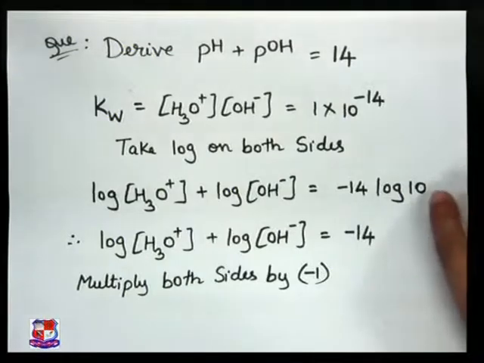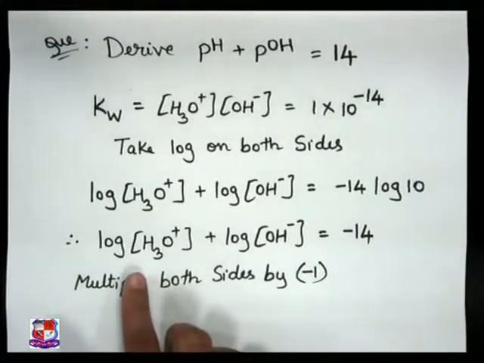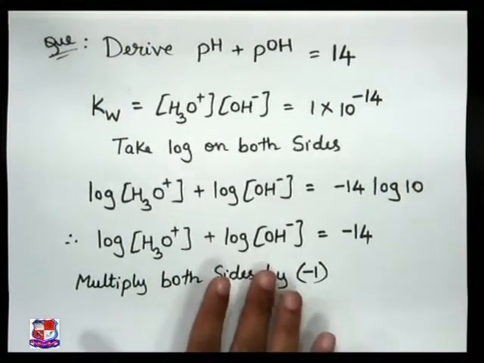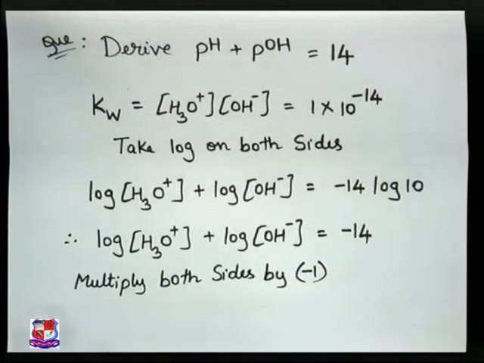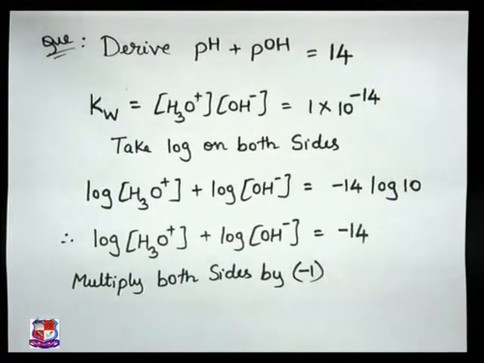Now you know log 10 is basically 1. So I can write log of H3O plus plus log of OH minus is equal to minus 14. Okay, now I will multiply this side as well as this side with minus 1.